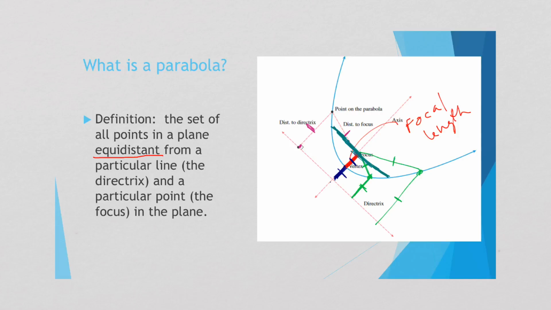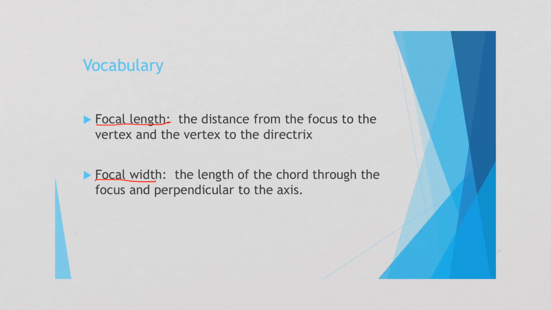Okay, the axis runs this way. So these two guys are perpendicular to each other. So the distance from here to here is the focal width. So we have focal width and focal length.